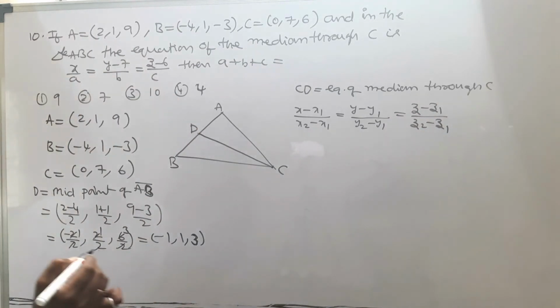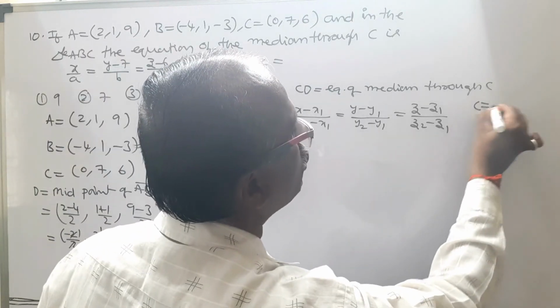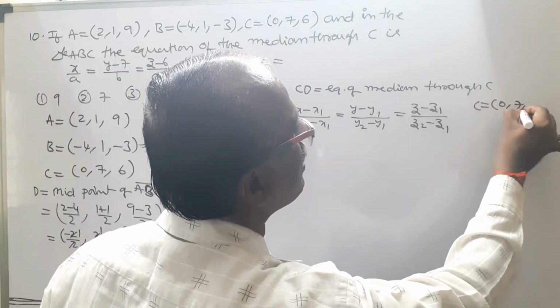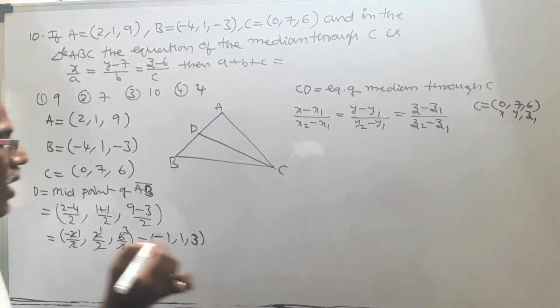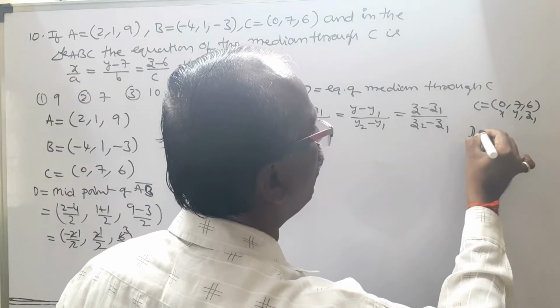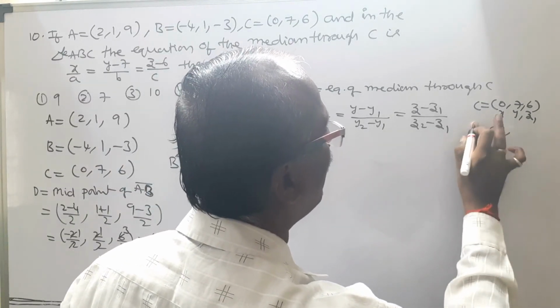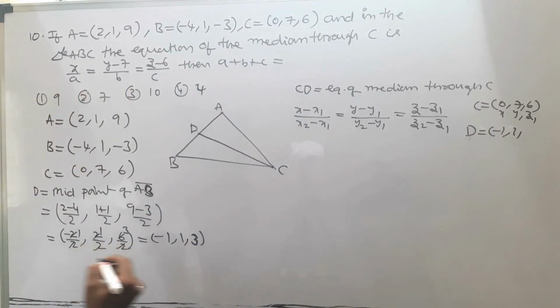This is the formula. Here the C vertex, C equal to (0, 7, 6) is x1, y1, z1, and D equal to (-1, 1, 3) is x2, y2, z2.